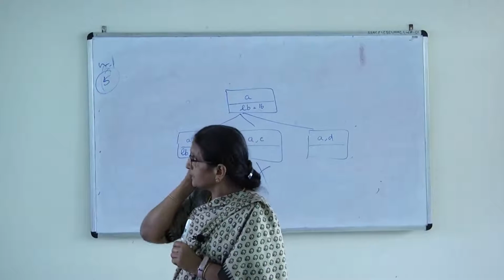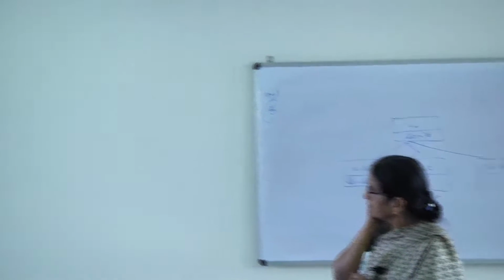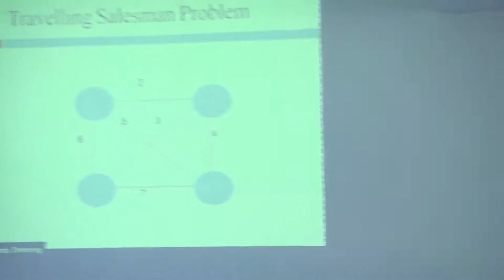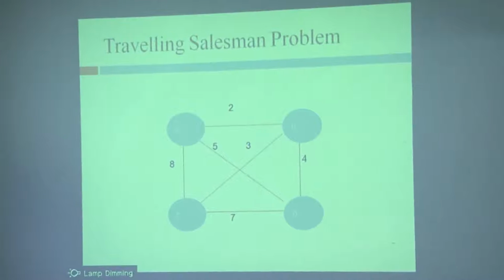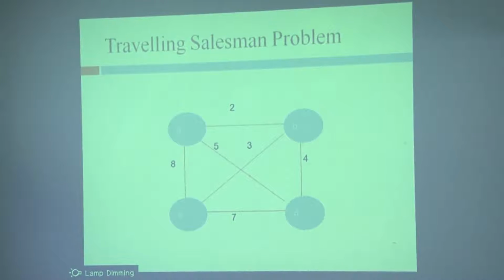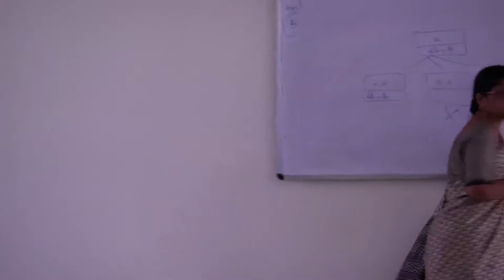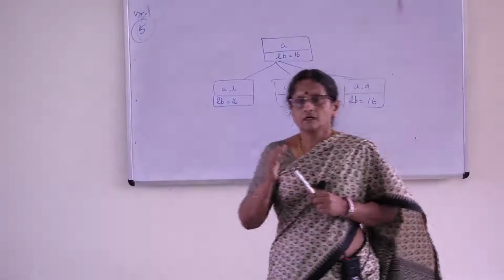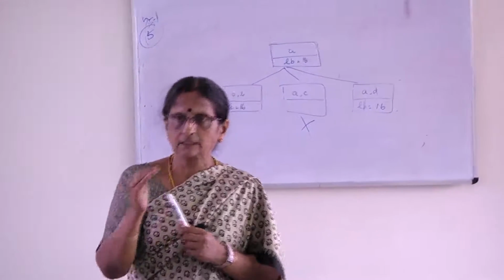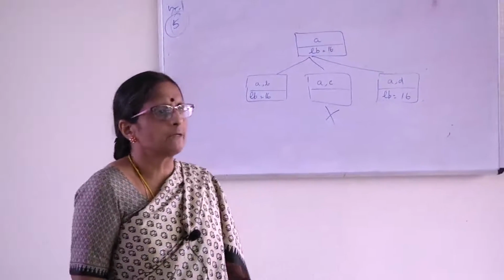With respect to D, what are the edges you had committed? Again, no change. With respect to D also, you had considered A and B. So no change to the lower bound which you are computing. So the lower bound for this also remains at 16.